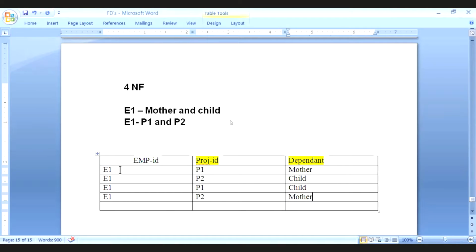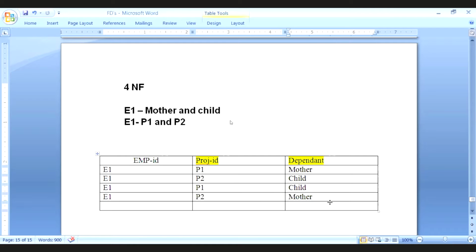Clear? So this is the redundancy present in the table. In order to get the logically correct information, since project ID and dependent are independent of each other, against these two records, P1 and P2 for E1, we have to insert two more records. Now it seems that E1 P1 mother, E1 P1 child, E1 P2 child, E1 P2 mother. Clear?